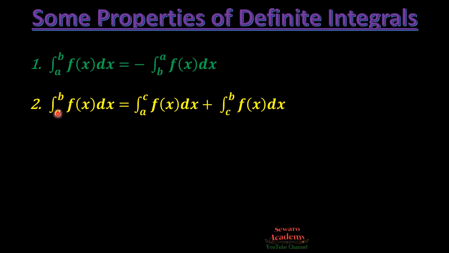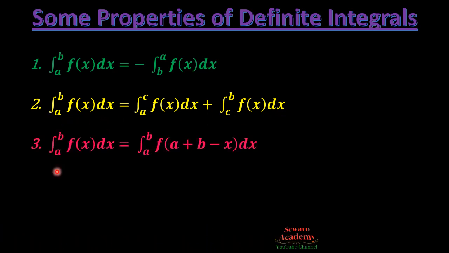We can split it by taking some value c which is in between a and b, and write integration from a to c f(x) dx plus integration from c to b f(x) dx. If you add these two, you will get the same value as integrating directly from a to b.